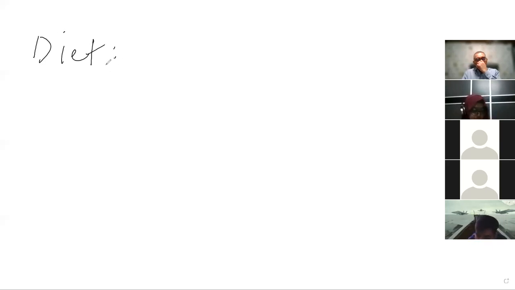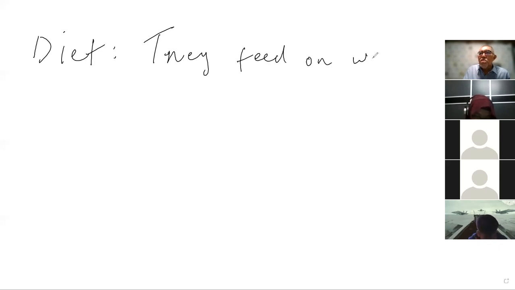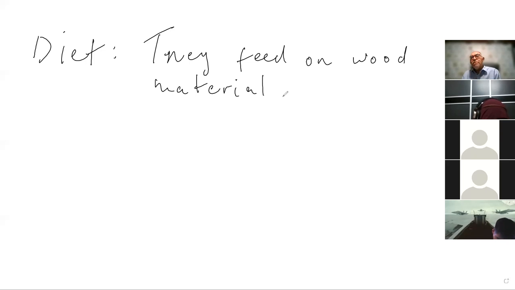The diet of termites. Of course, they feed on wood material. The ability that is unique to termites: they are the only insects that can actually digest wood.